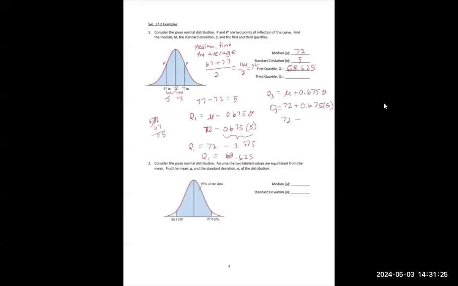So that's 72, and I already did that calculation of what 0.675 times 5 is. That was 3.375. So if we add those together, we're going to get our third quartile, which is 75.375.